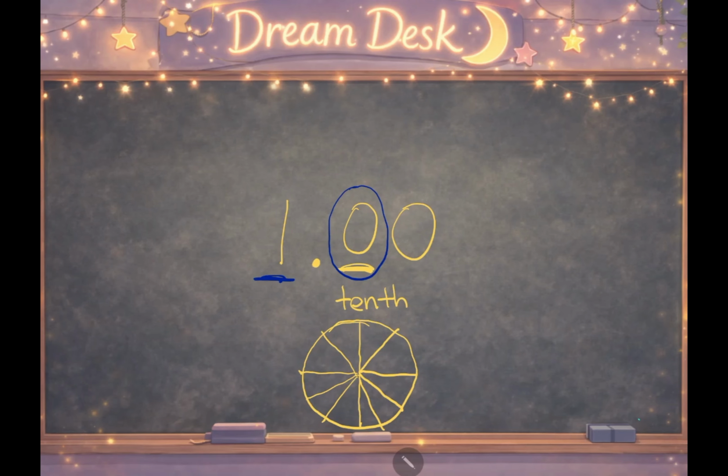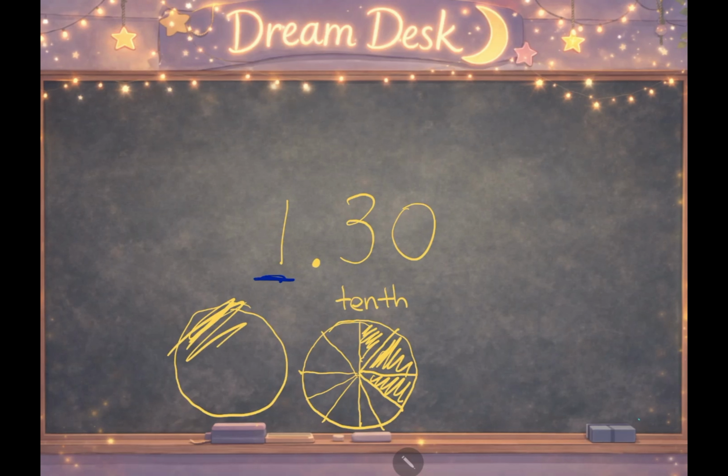So if I have 3 in tenth, that means I am talking about 1, 2, and 3 pieces out of 10. So 1.30 is going to be 1 whole piece plus 3 small pieces.